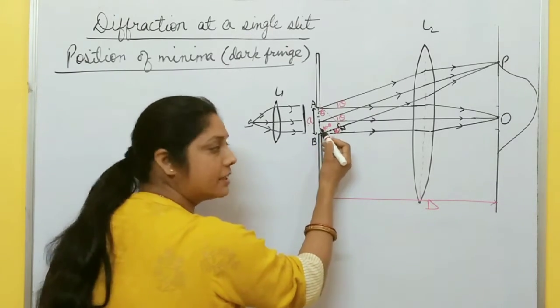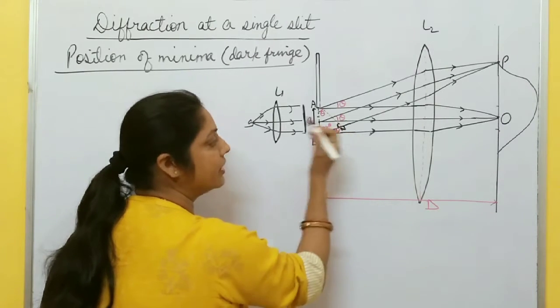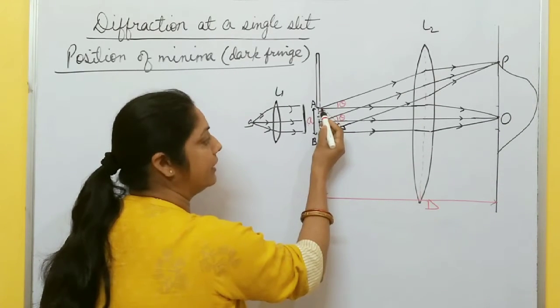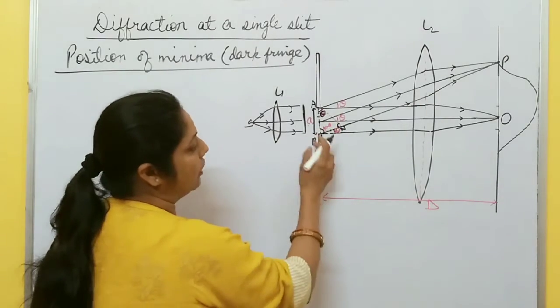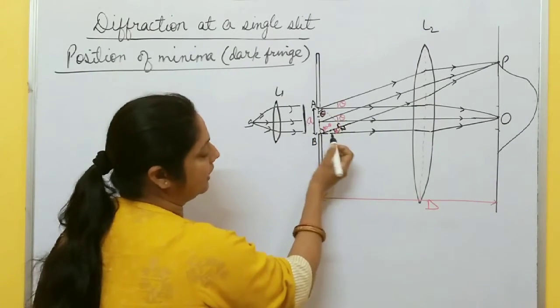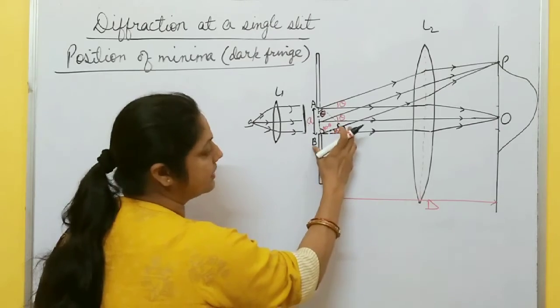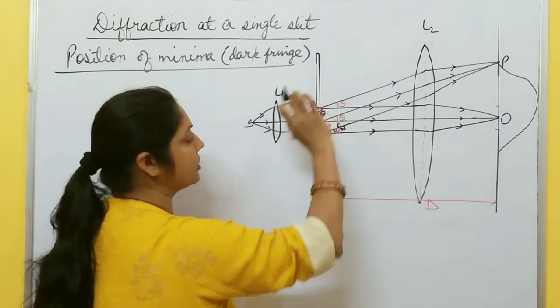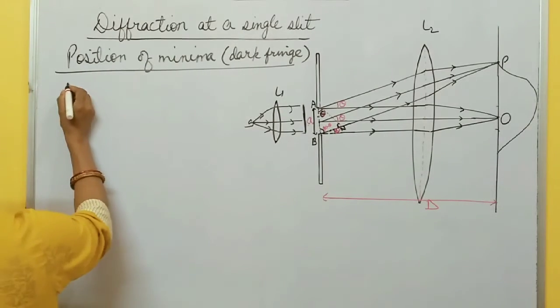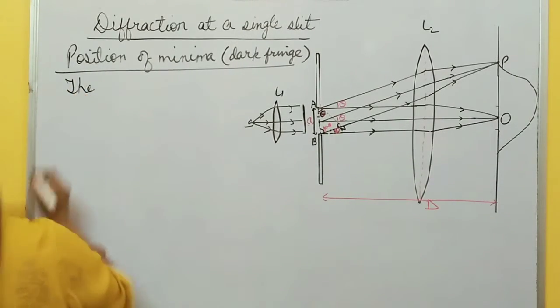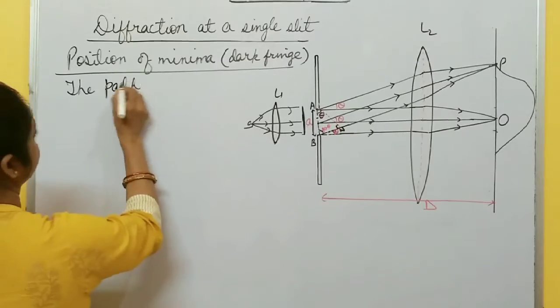And if this one is 90 minus theta, and this one is 90, you can easily find that this angle is theta. Now from triangle ABN, you find that BN is equal to a sine theta.